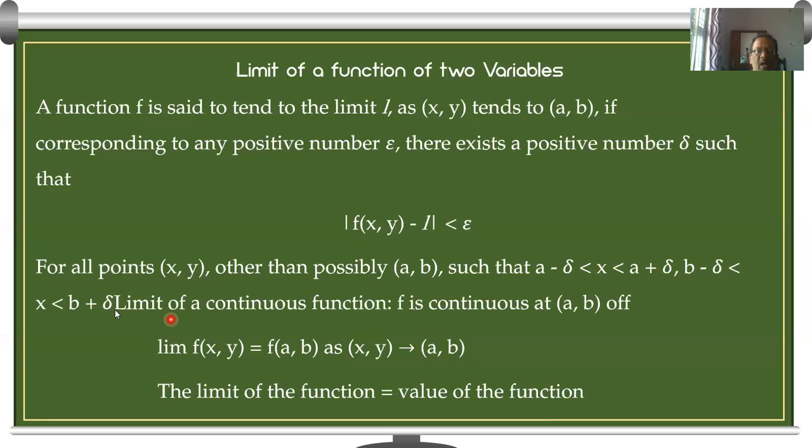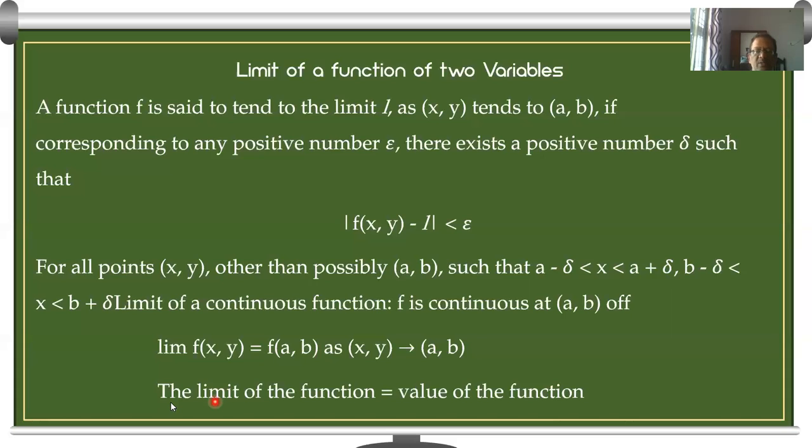Next, limit of a continuous function. If f is continuous at a, b, what is the condition? Limit of f of x, y equals f of a comma b, as x, y tends to a comma b.